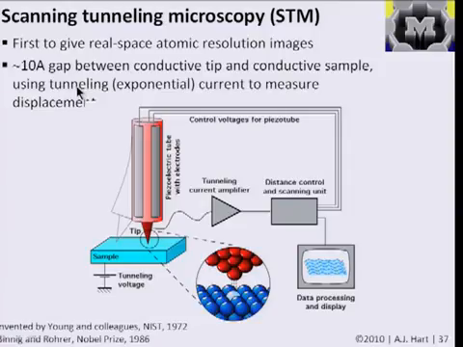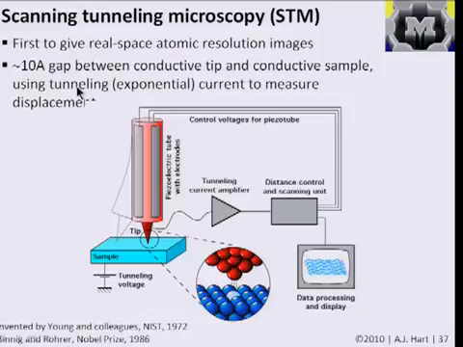So in STM, you have your sharp tip and you have your substrate, and if your substrate and your tip are electrically conductive, you can apply a voltage between the tip and the substrate.